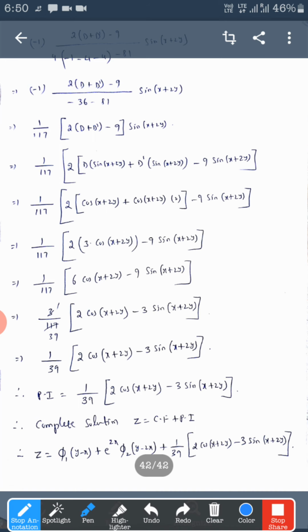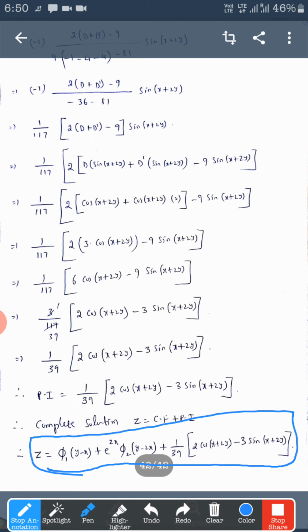Therefore, the complete solution is z is equal to phi 1 of y minus x plus e power of 2x into phi 2 of y minus 2x plus 1 by 39 into 2 cos of x plus 2y minus 3 sin of x plus 2y. So this is the procedure for finding particular integral in non-homogeneous linear partial differential equation.